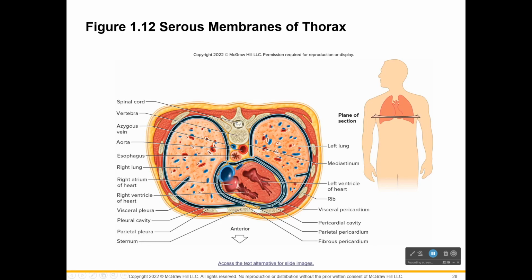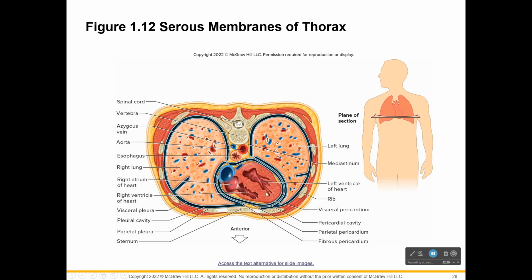So if we cut somebody right here, and you looked down into them, so this is the back end of them. You can see the vertebra, and then this would be that spinal cavity. And so that's one cavity we've learned about.